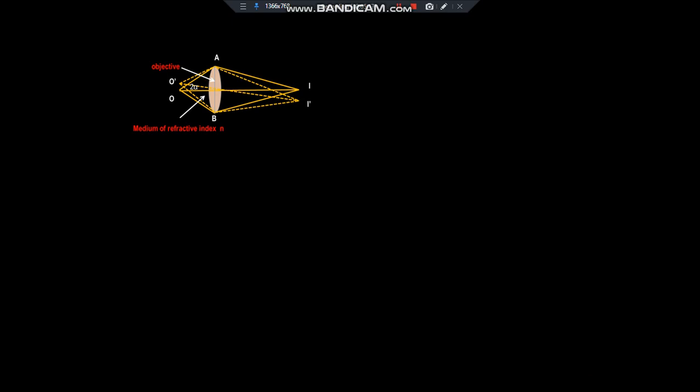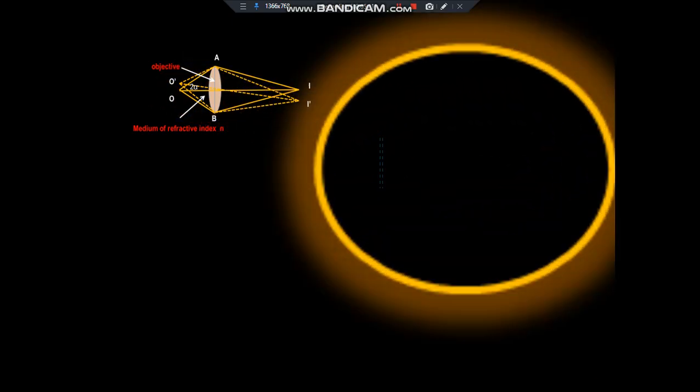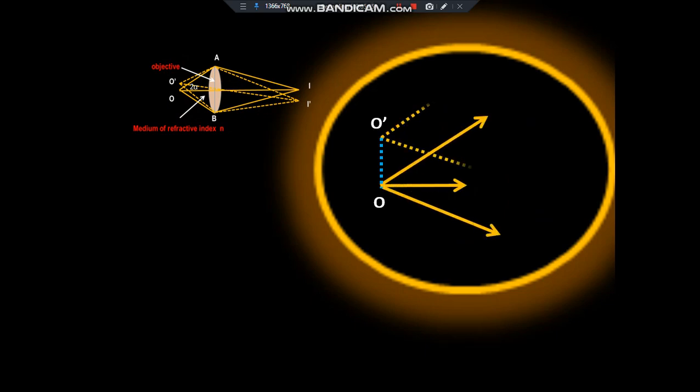So that's my earlier figure, and let's magnify this and see what it is. So we have O and O dash as the objects, rays of light coming out through them to the objective, that is to A, and that's to B, and this is also to B. These are the two perpendiculars drawn over here, that is OC and OD.